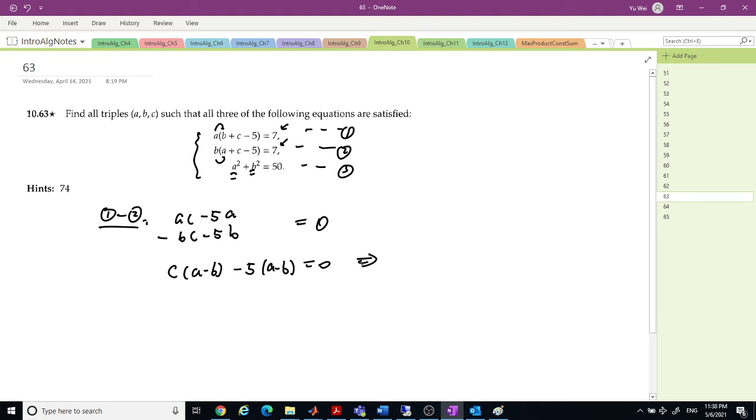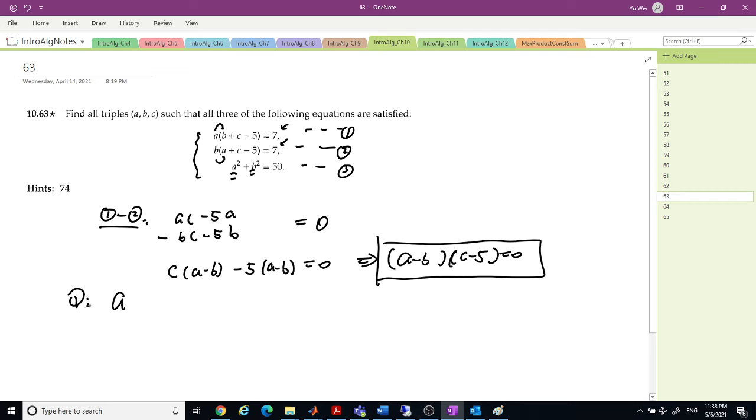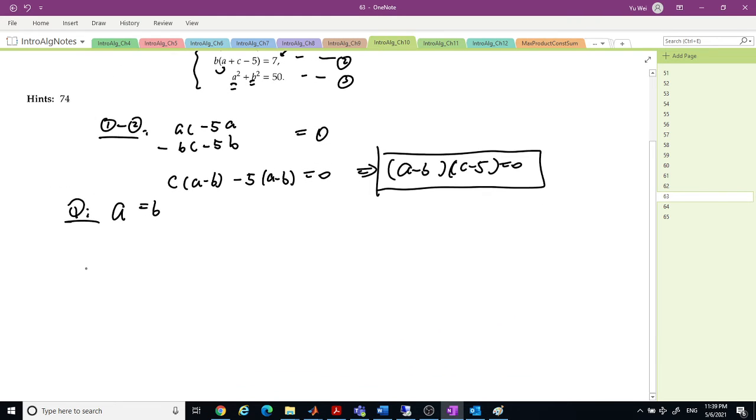So now we can factorize it as A minus B times C minus 5 is equal to 0. If you want to satisfy this, there are two cases. Case 1 is A equals B, and case 2 is C equals 5.